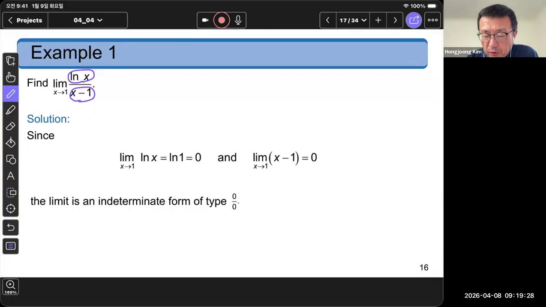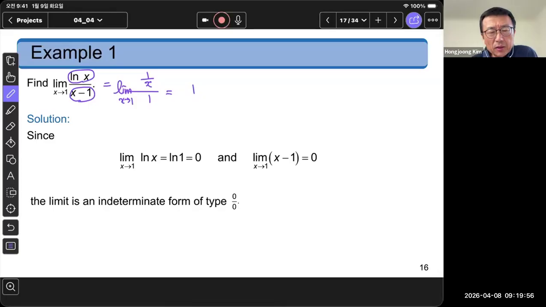If I differentiate the numerator, I get 1 over x. If I differentiate the denominator, I have just 1. And then as x approaches 1, the numerator approaches the value 1, while the denominator is just 1 always. So the limit will be 1.